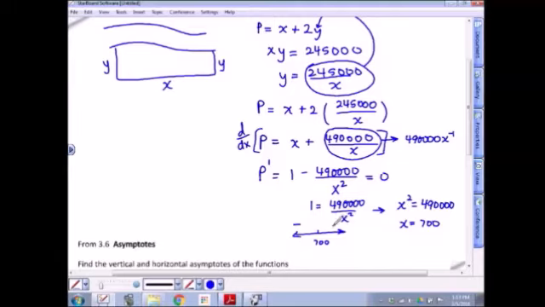We tested something to the right of 700, like 1,000. 1,000 squared would be way bigger than 490,000. So we've got 490,000 divided by a very large number. That makes a very small fraction. 1 minus a small fraction is still positive. So we have a decreasing interval to an increasing interval. That means that 700, according to the first derivative test, is actually a minimum. That's what we wanted. We wanted to find a minimum. So x equals 700.